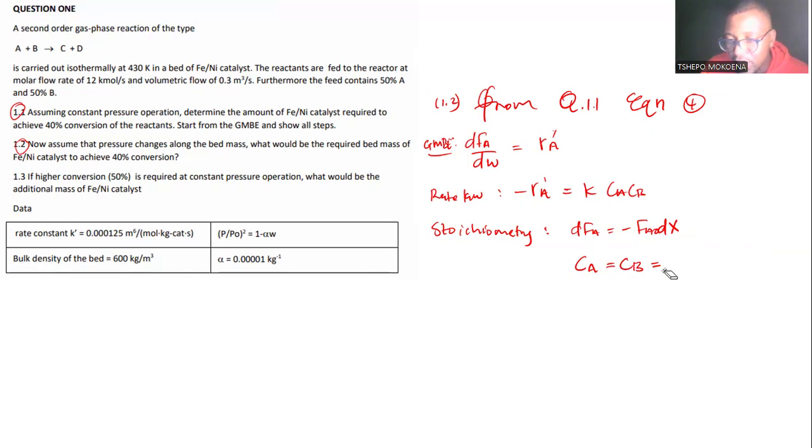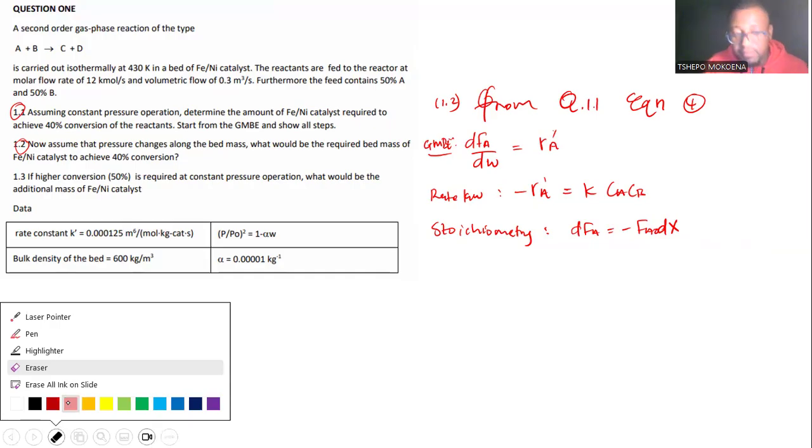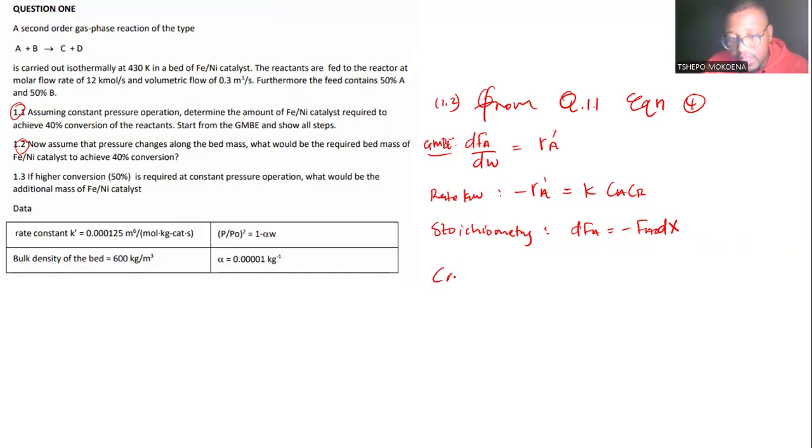But now here, in fact, let me just explain it, because you might get lost. I know you might not understand where this is coming from. I love deriving this when I explain it. Recall that I said this will look like this. We know the stoichiometric equation for how to calculate the concentration. Then we said for FA, we introduce the conversion factor: it's going to be FA0 (1 minus XA). Now let's talk about this guy.